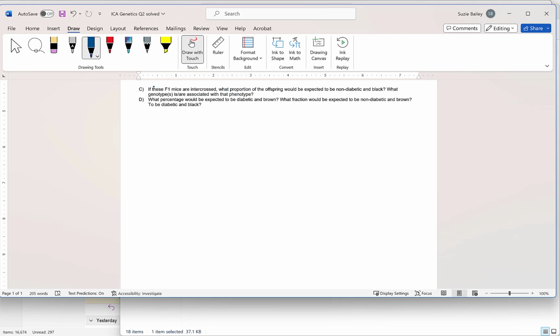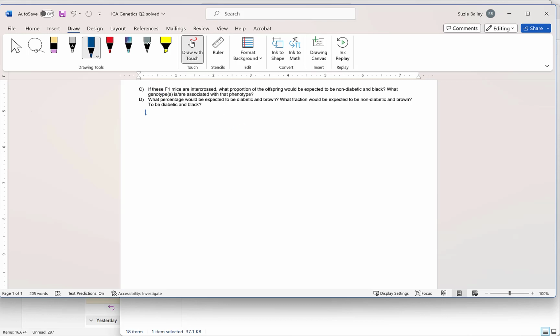So these two questions are kind of asking the same thing, right? They're asking, if we take these F1 mice and we intercross them with one another, what offspring proportions in terms of phenotype and genotype do we expect to see, right? But for most of these two questions, we're asked about phenotype. And so there are a couple of different ways that we can tackle a question like this.